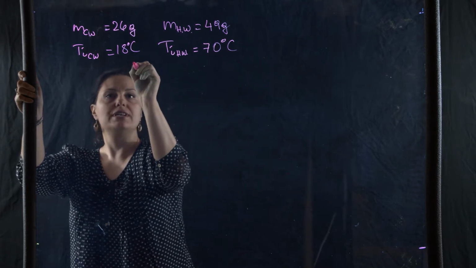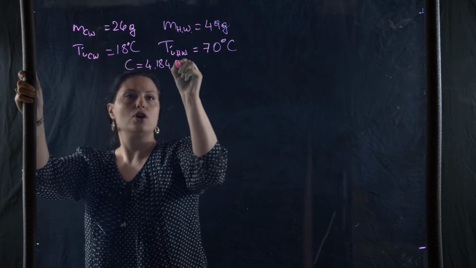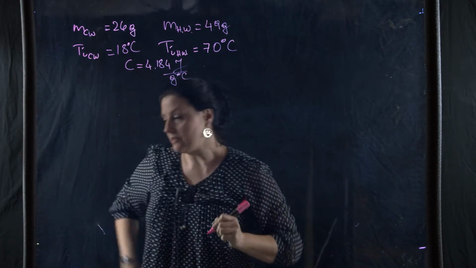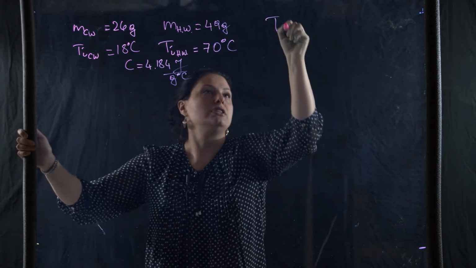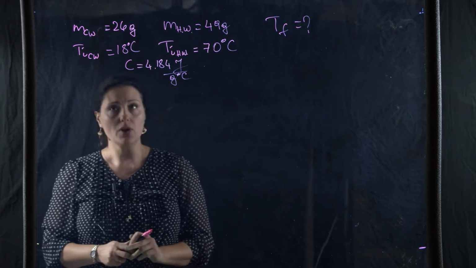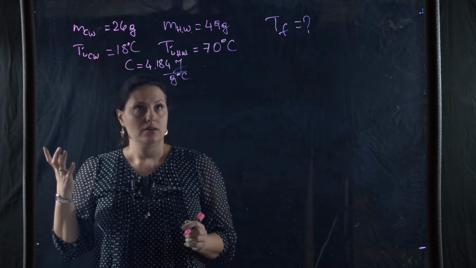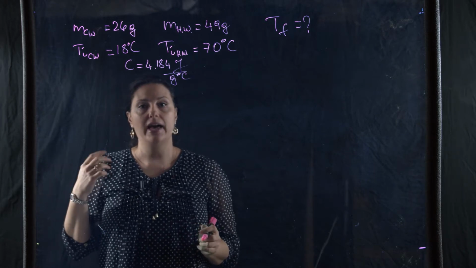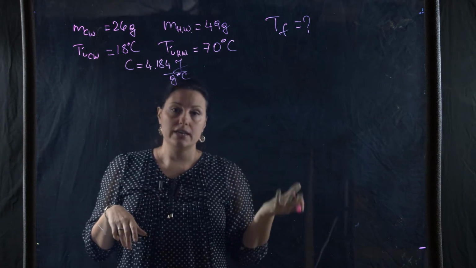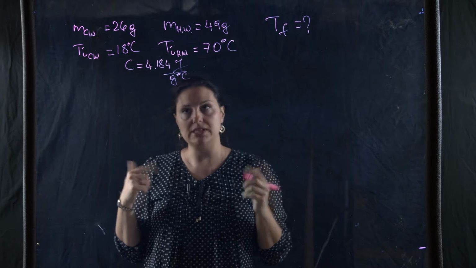I know for both of these, C is equal to 4.184 joules per gram degrees Celsius. What is the final temperature of the system? So T final is what? Okay, now what do I know? Once again, the heat that the hot water loses is equal to the heat that the cold water gains, but in the opposite direction, so with opposite signs.